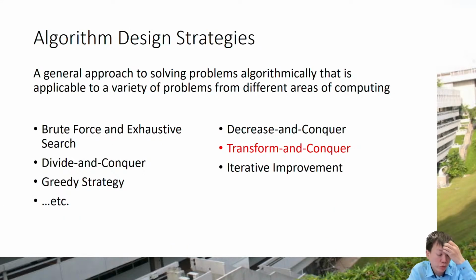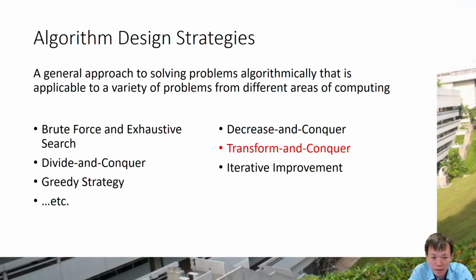Basically, here I just introduce one example, which uses transform and conquer. In fact, before that, I think Dr. Owen already introduced another example using transform and conquer, which is tree balancing.